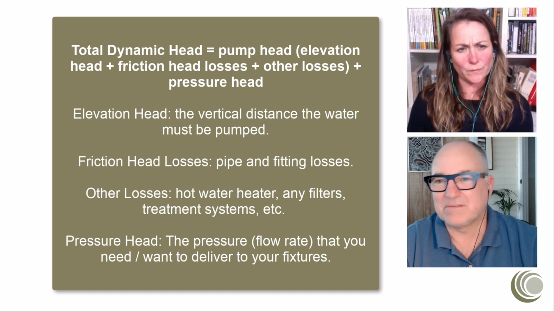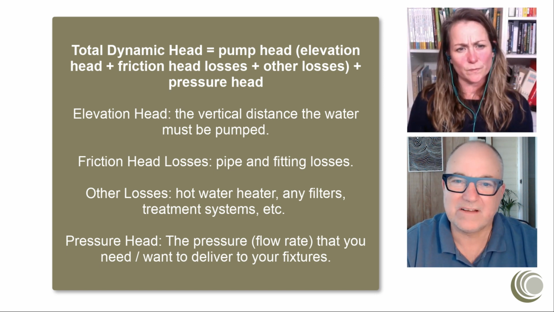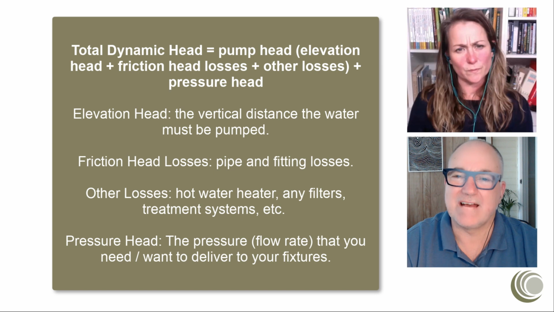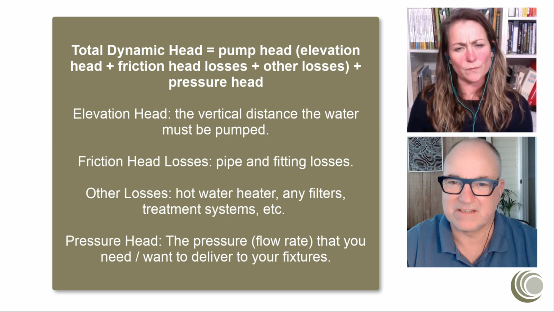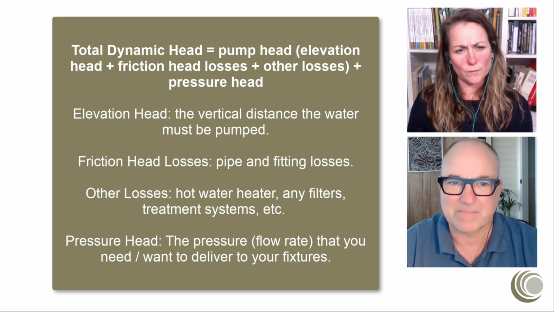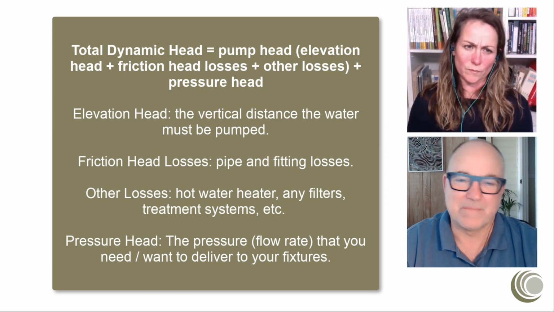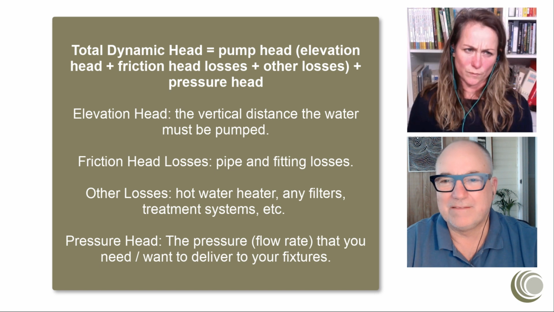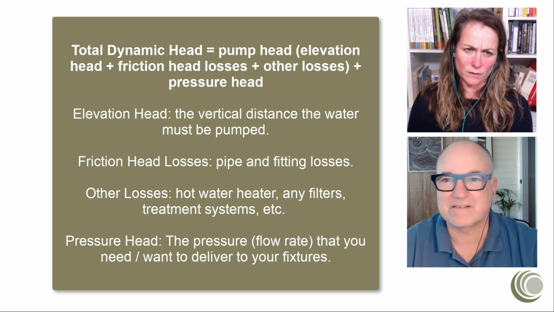Now just be careful. So the highest point, the flow rate and pressure, which are related to each other, that you require at the appliance is also a head. It's a pressure head. So you've got a pump that'll supply 30 meters of head, 100 feet of head, and you've got a friction loss of 3 meters, which is 10%.